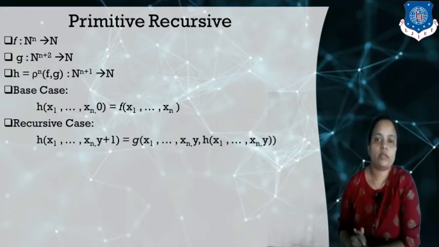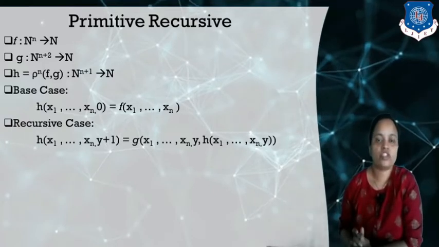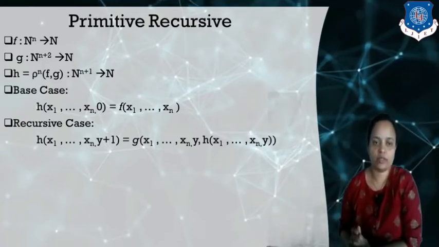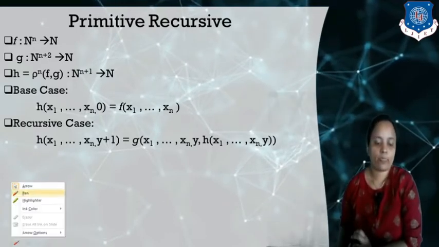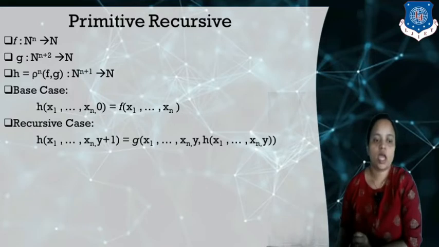Primitive recursion takes two functions. The function f is our base function, which takes a vector of n inputs and returns a single output. We can define another function, called the recursive function g, which takes n plus 2 inputs and returns a single output.